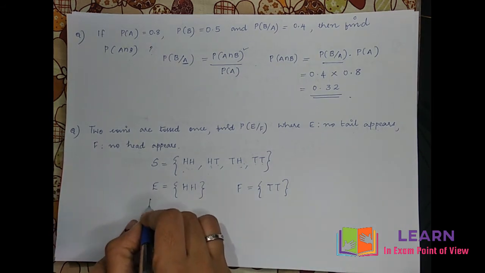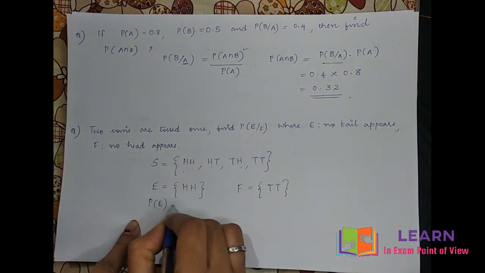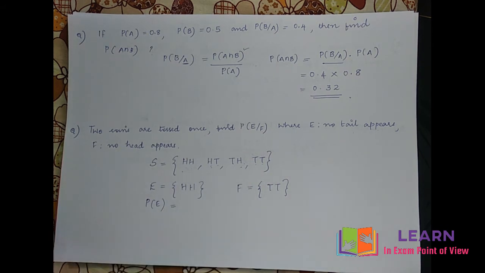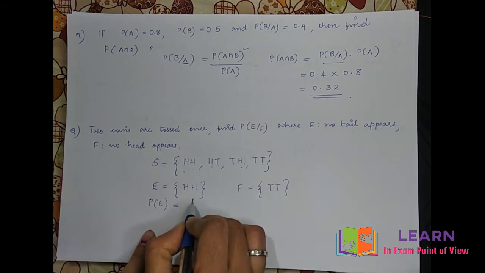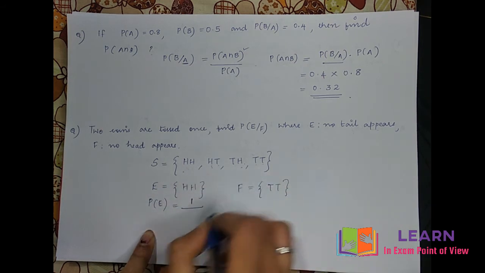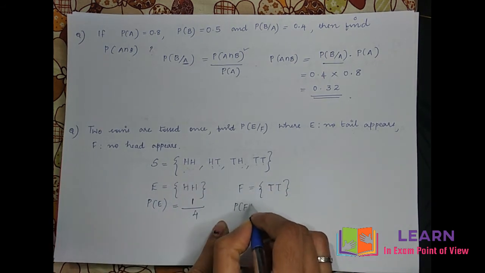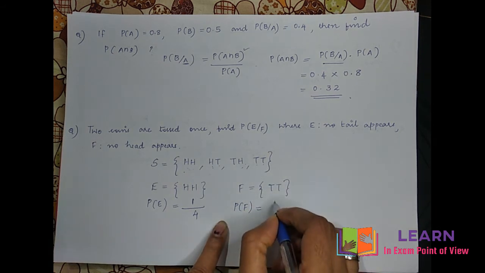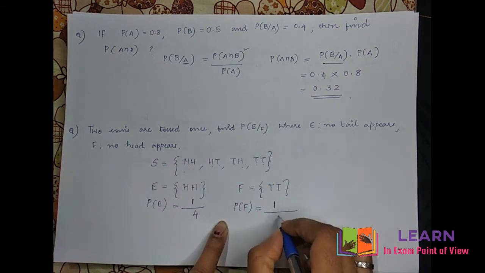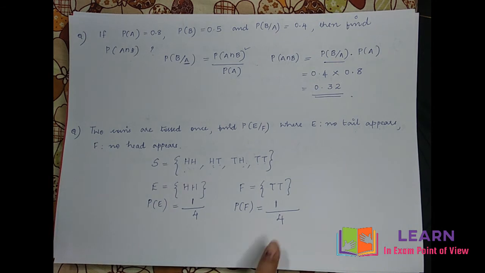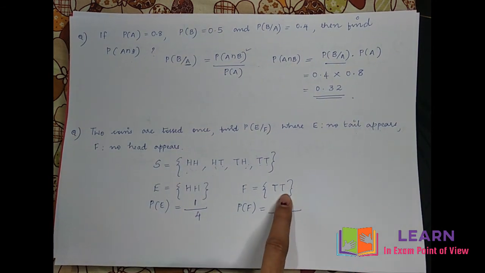So what is the probability of E? From the sample space, probability of E is 1 by 4, dividing by the sample space. Similarly, probability of F has only one possible way out of 4 outcomes.